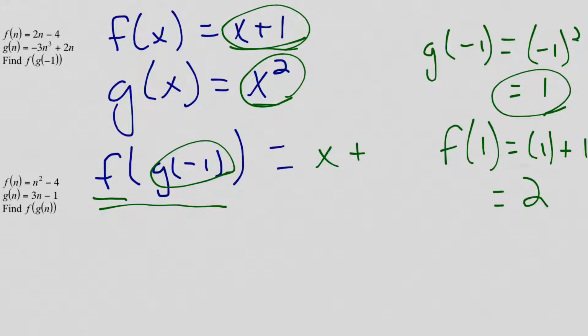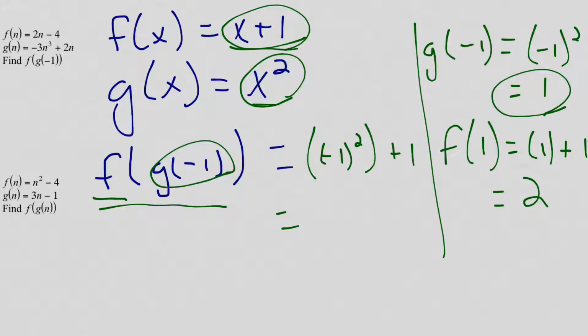But we're going to do it a little different. Instead of the x plus 1, we're going to have -1 squared, because that's what's supposed to go in for g of x, and then plus 1 right there. So we've got -1 squared, which is +1, plus 1, which equals 2. We get the exact same thing.